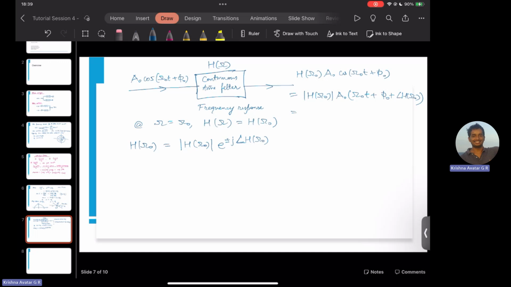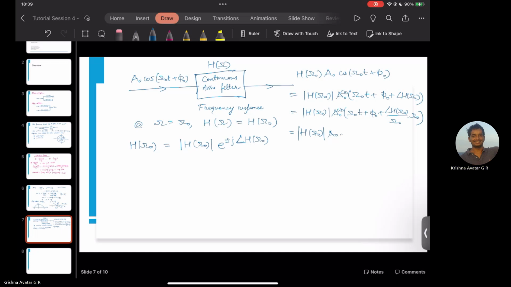Now you can rearrange these entities in this equation and call it angle of H omega naught divided by omega naught into omega naught. This is just some mathematical jugglery to state that what we have here is magnitude of H omega naught, A naught, and we put this with cosine.